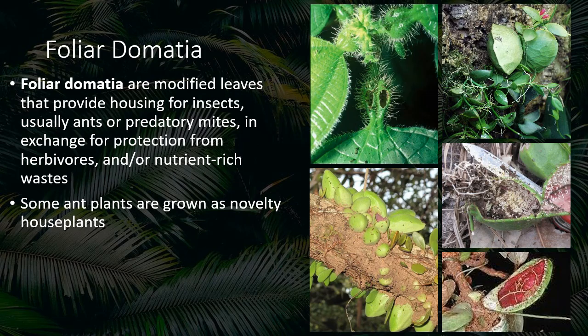So in this case, the plant can actually absorb nutrients directly from the inner surface of the leaf where these insects are living. In the case of predatory mites, they're often much smaller, living in little pockets on the underside of a leaf, and the mites might go into those pockets to lay their eggs to protect them from predators.